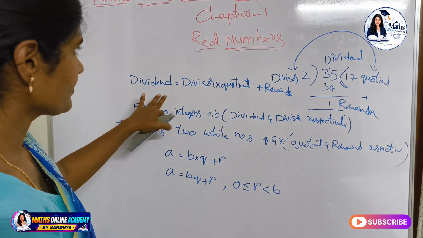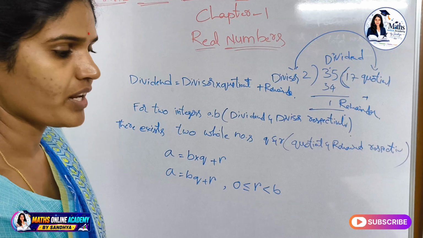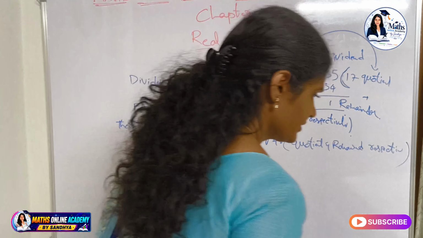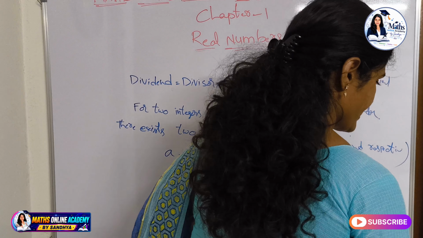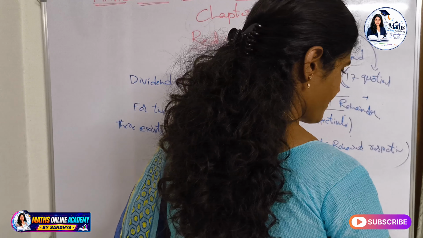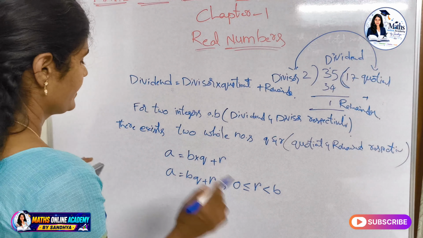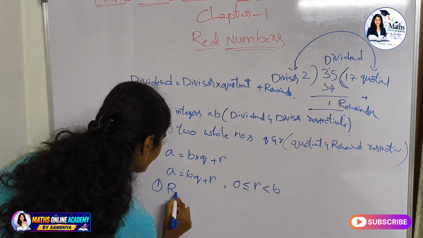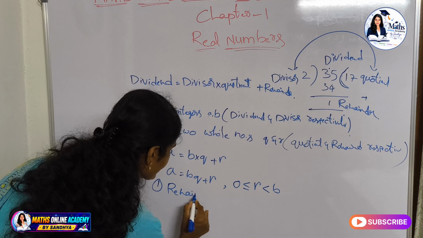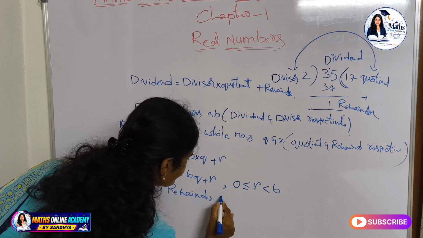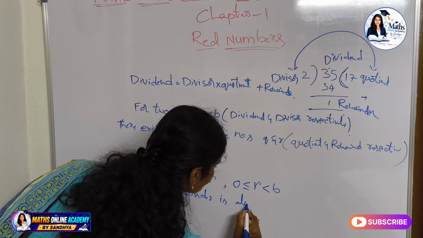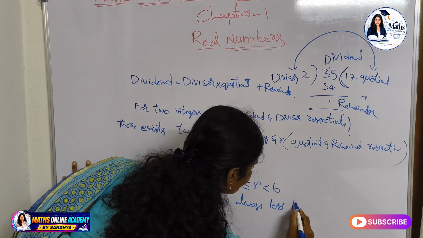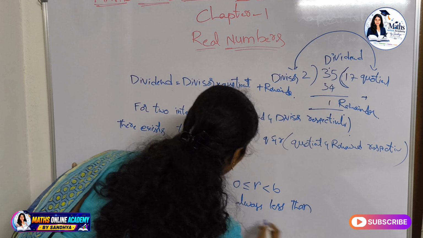Remember, in this division algorithm formula, three things are important. First one is the remainder is always less than what?